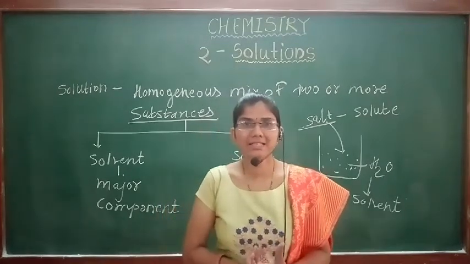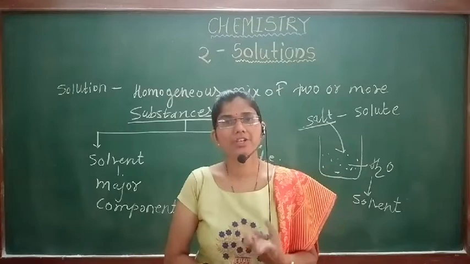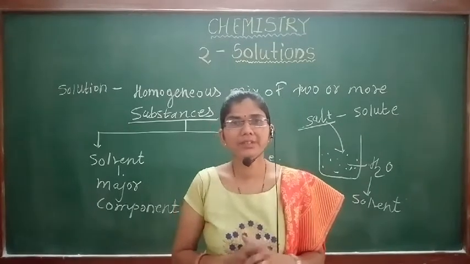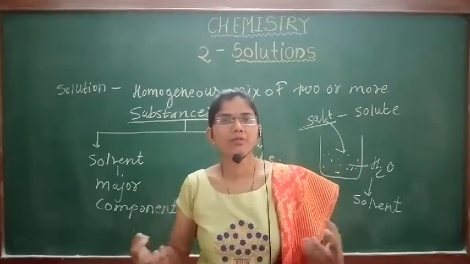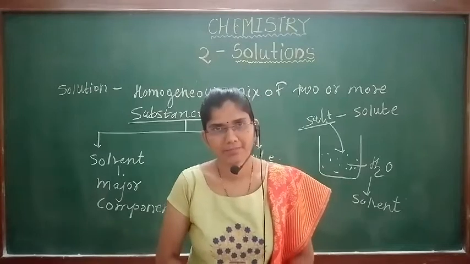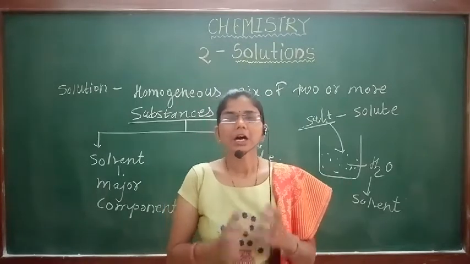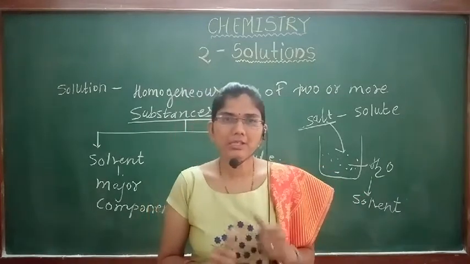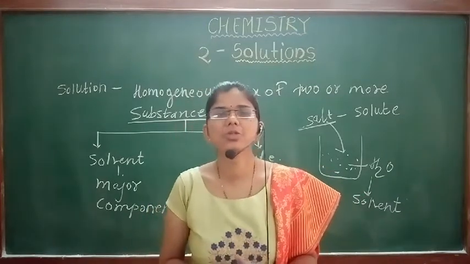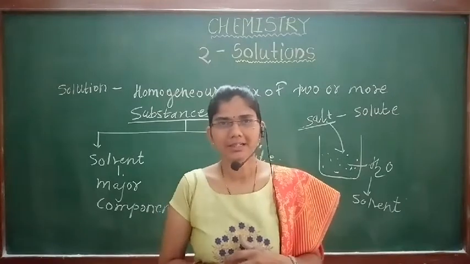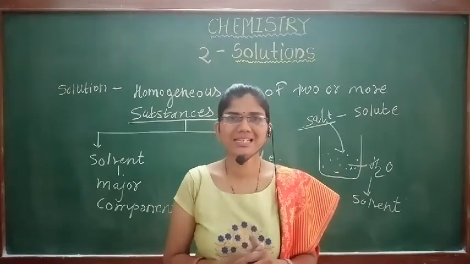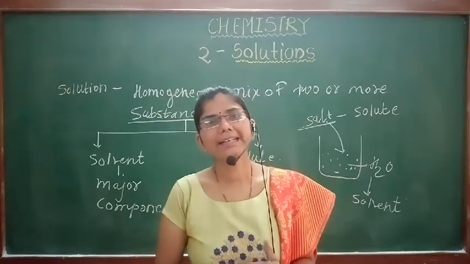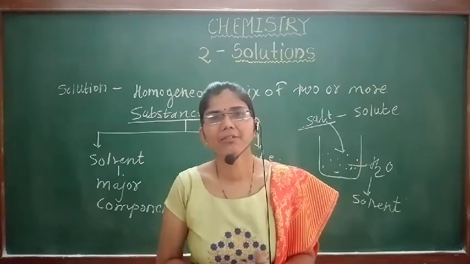Then it is called solvation. Solvation means the interaction between the solute and solvent to form a solution. And always remember, student, if the solvent used in the solution is water, then that solvation process is called hydration or aquation.